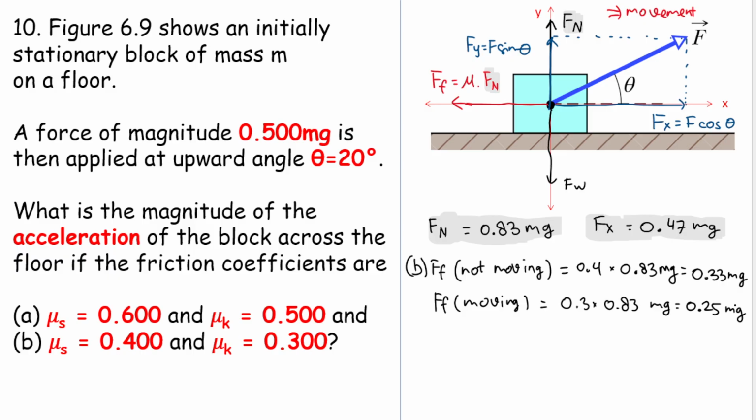Good. And now the block is moving. Why? Because this horizontal force is greater than the frictional force when it is not moving, right? So we have an acceleration here going to the right.